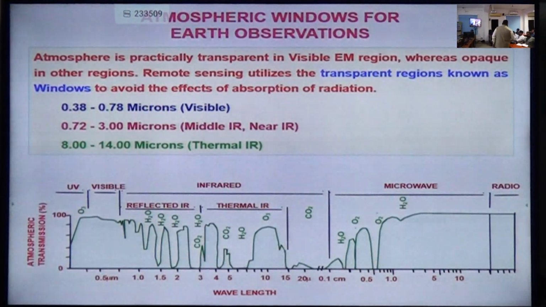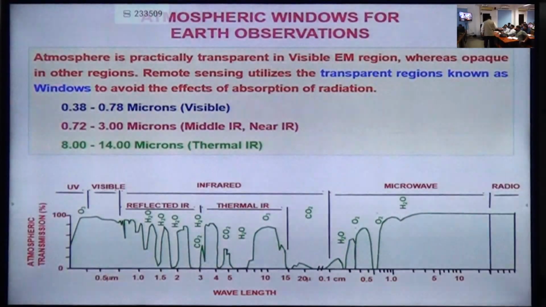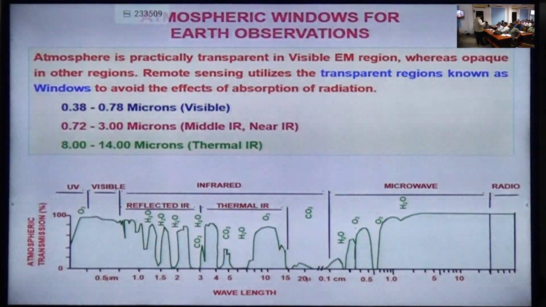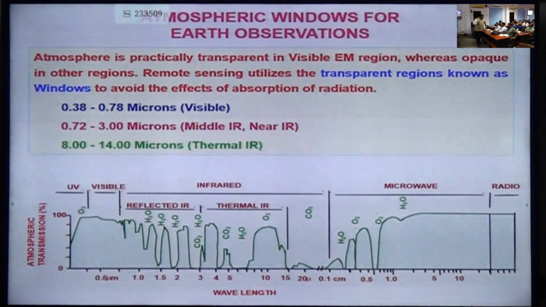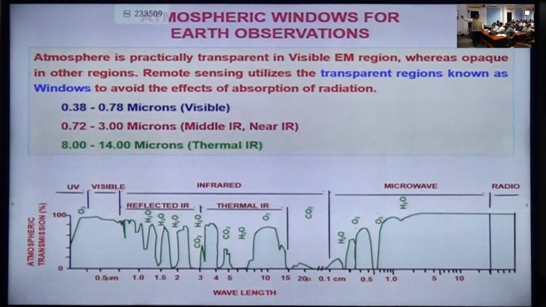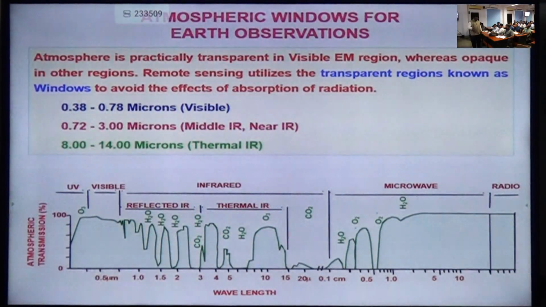So by visible light, that is from 0.4 to 0.7, we can get the information, and also this infrared region we can utilize. We can get some information of the objects. Finally, what is the thing? You want to get some information of Raipur by sitting here.